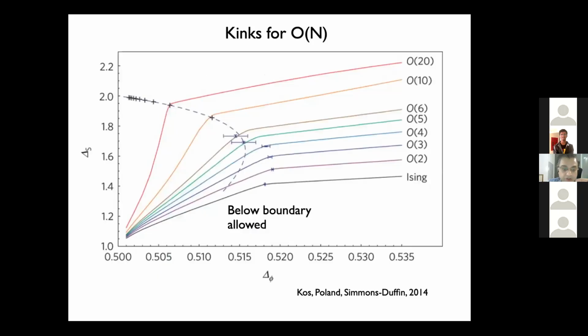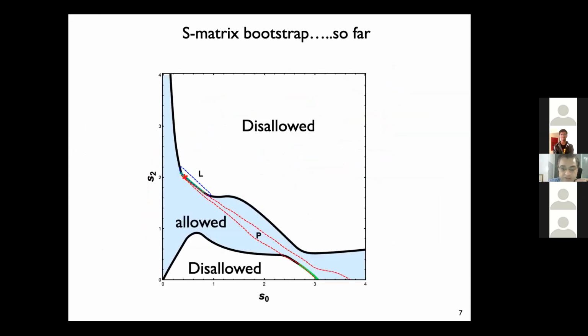So instead of having these scaling dimensions on the y-axis and the x-axis, the way that the S-matrix bootstrap has been set up as of now, it can be set up differently, of course, but as of now, what people have considered is that on the y-axis, we have this special kind of Adler zero, S2. This 2 is for the isospin, and this 0 also labels a kind of isospin. And you ask in this space, what are the allowed theories?